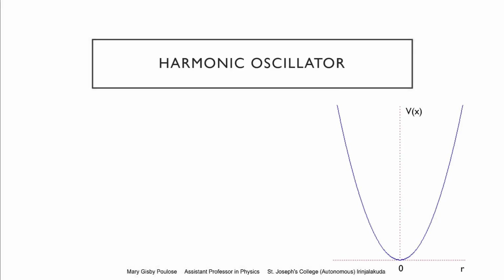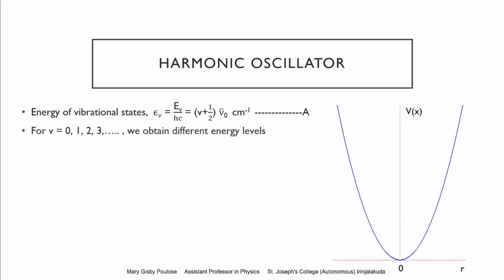Now, in the harmonic oscillator, we saw that the graph for the potential energy is a parabola, and the energy of the vibrational states in terms of wave number is given as epsilon v equals Ev by hc equals (v plus half) nu naught bar, centimeter inverse. Let this be equation number A. Now, for different vibrational quantum numbers 0, 1, 2, 3, etc., we get the different energy levels.